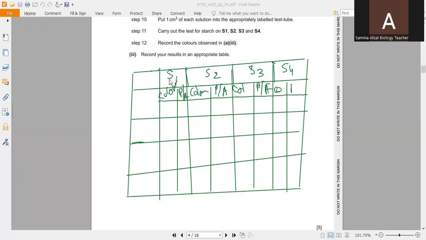Color present or absent. Now the different tests which you will carry out are Benedict, non-reducing, starch.